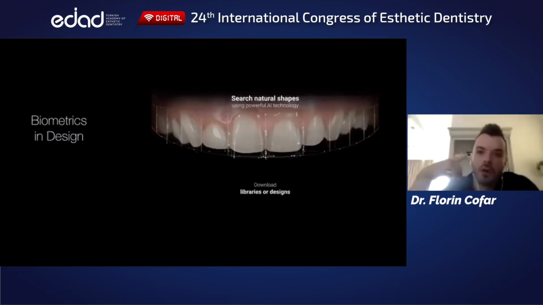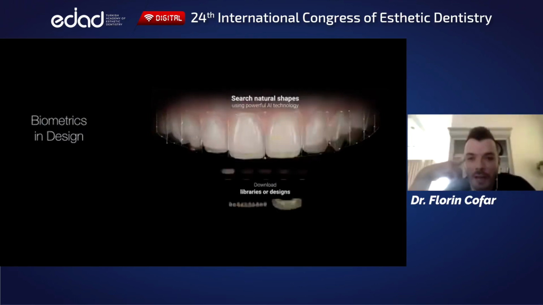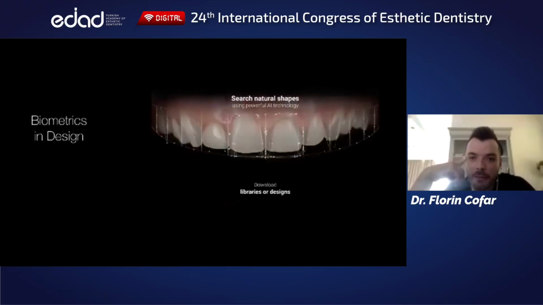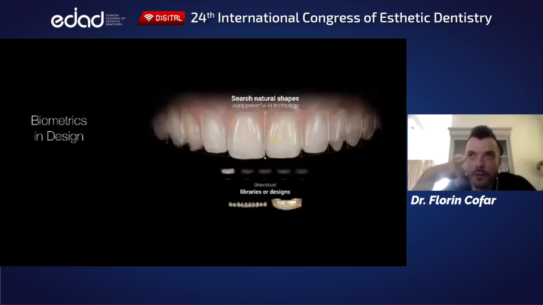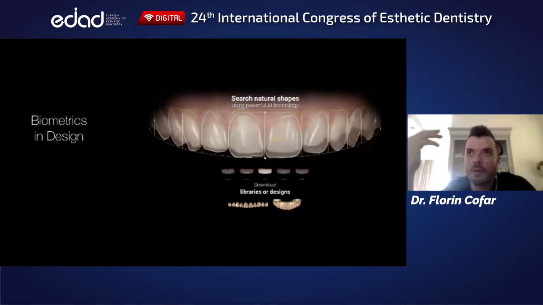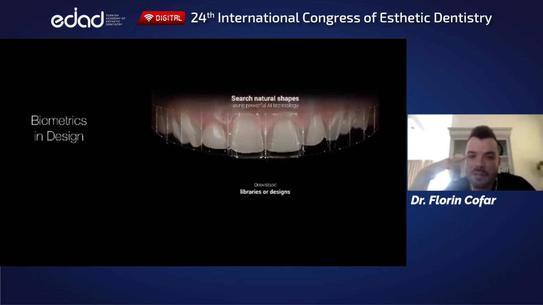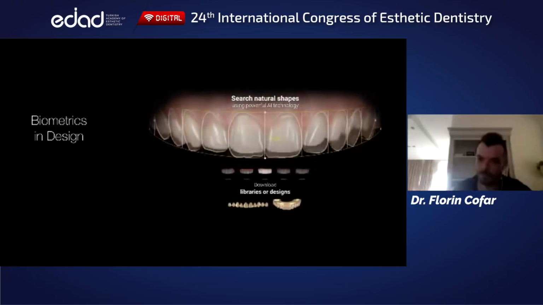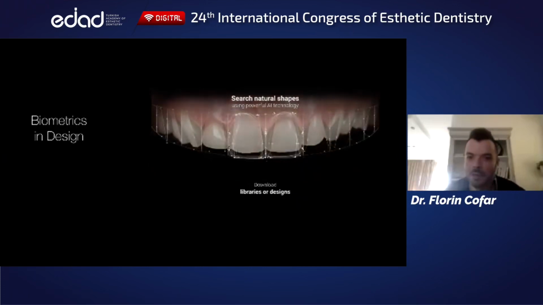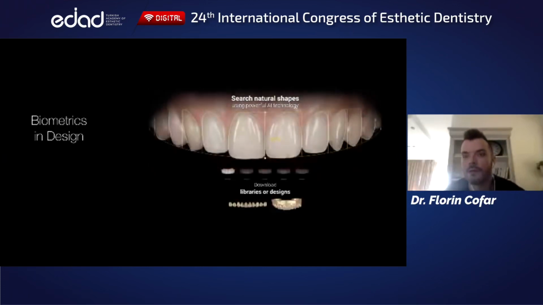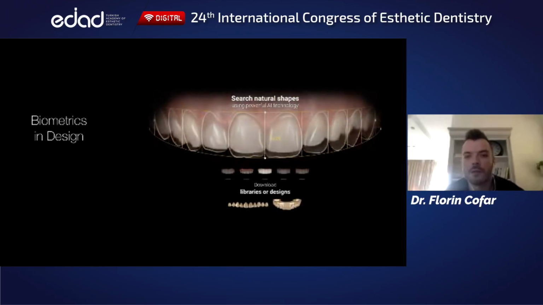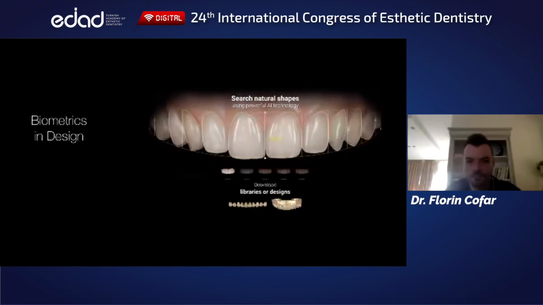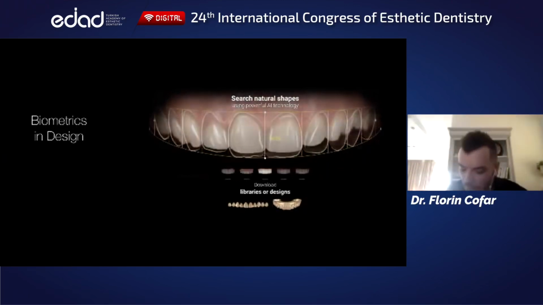We focus a lot on the selection of the library in a way that it fits our clinical scenario. Because again, just working with libraries by default does not guarantee that at the end the ceramics looks the same as the mock-up, because in order for it to look the same, you should and must not modify the library along the way. It's logical, right?